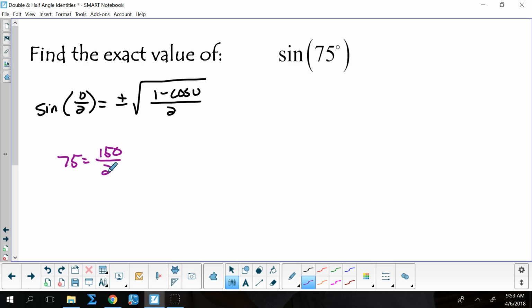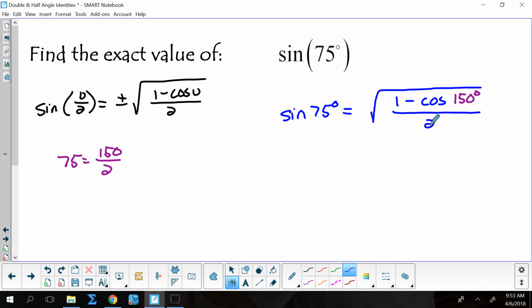Okay? So the sine of 75 degrees, since 75 degrees is in quadrant number 1, everything's positive, so that's going to be positive. And then it's going to be the square root of 1 minus the cosine of 150 degrees all over 2.